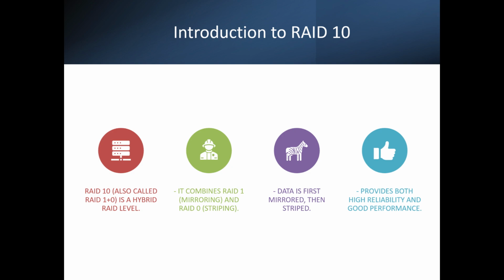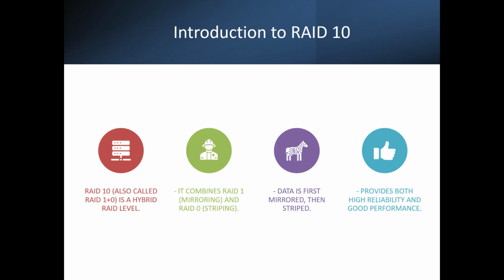Say we have two data disks, disk A and disk B. So the first block of data that comes in goes to disk A, the second block of data goes to disk B. Then the third block of data again goes to disk A and the fourth block of data goes to disk B. This gives high speed because both disks are working together. But even if one disk fails, we will lose all the data. So it is fast, but it is dangerous because we don't have any replication of our data.